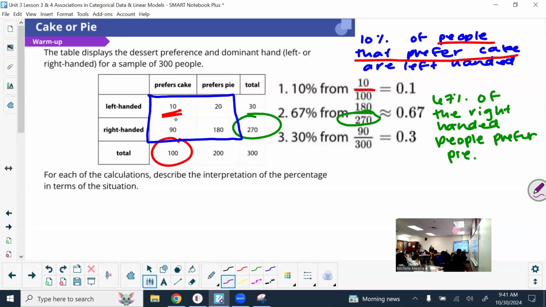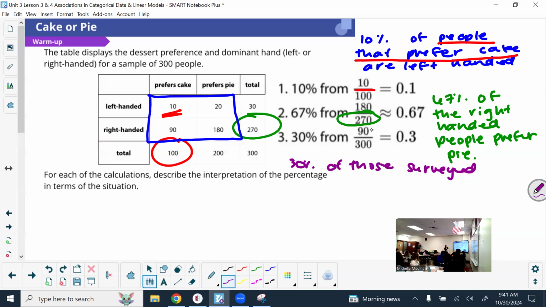All right, last one, table 6. 30% represents what in the situation? Okay, good. 30% of those surveyed. That one is out of 300. So that's out of everyone. And then you still mention the other two characteristics.